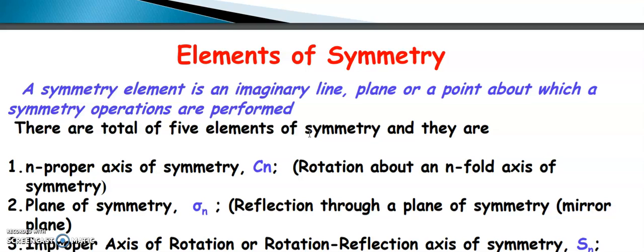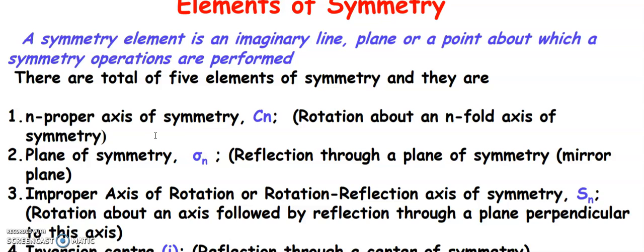So what is an element of symmetry? A symmetry element is an imaginary line, plane or point about which a symmetry operation is performed. There are a total of 5 elements of symmetry.